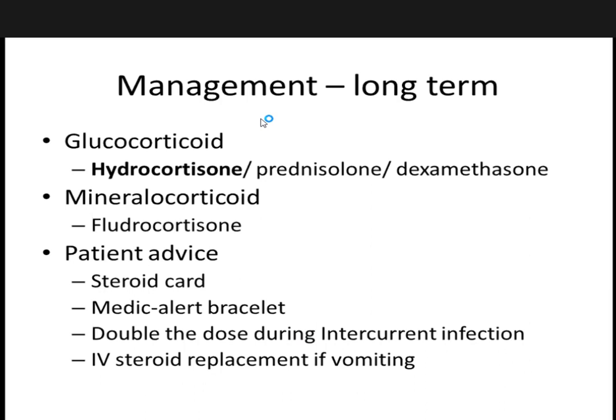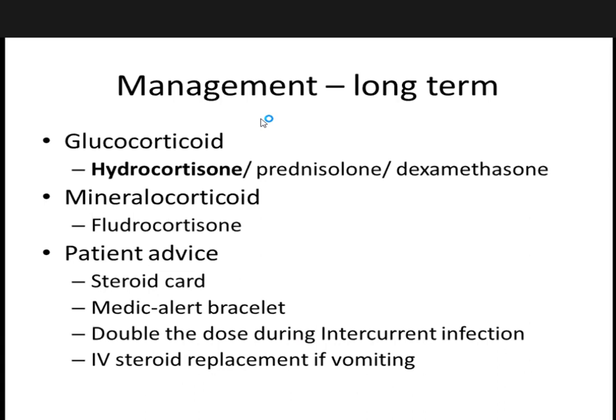I'm not sure. But now, if the patient is having a secondary adrenal failure, right? Then if there's a problem with the pituitary gland, if you do TSH, the patient will have low TSH and low thyroxine level, free T4, free T3 levels as well.